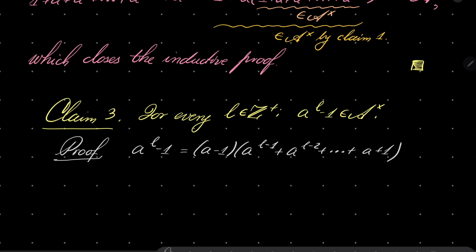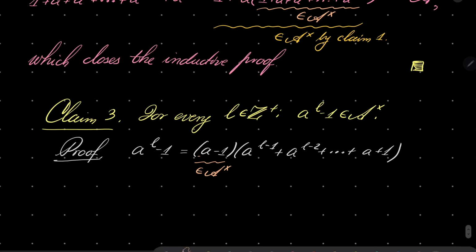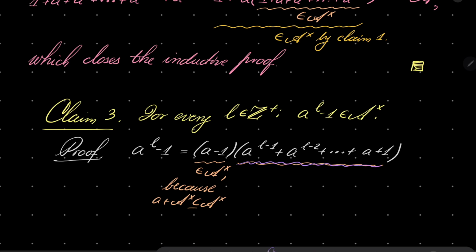And notice that this is invertible by assumption. Why is that? Because it's a plus some unit. A plus unit is by assumption invertible. Maybe let's write it, because a plus units are a subset of units. And the second part is right here, invertible by claim number 2.